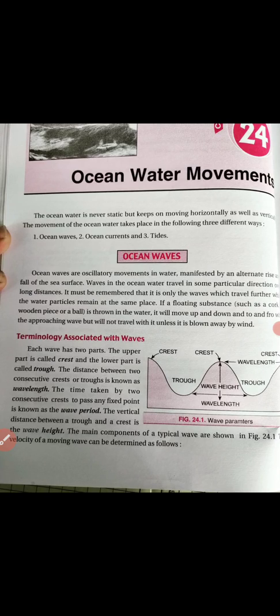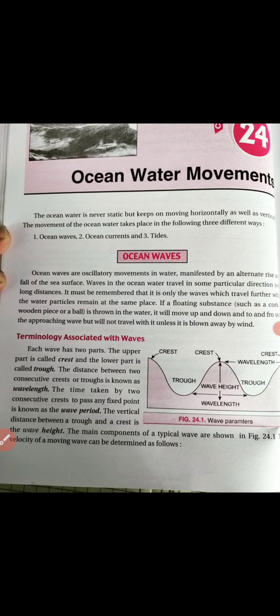In the ocean, waves travel in some particular direction over long distances. It must be remembered that it's only the waves which travel further, but the water particles remain at the same place. It can be understood with the fact that if we keep something light floating over the waves, the thing will remain at the same place.